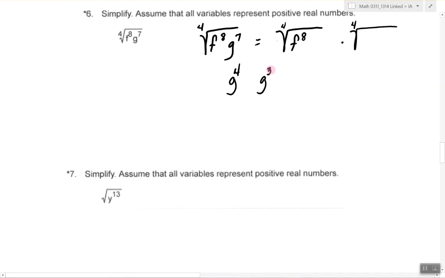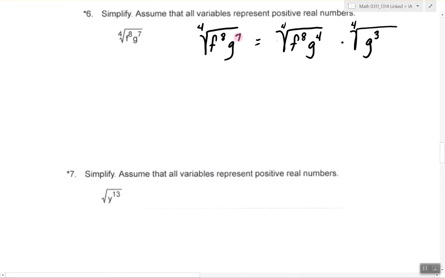So I looked at all the choices that add up to be 7, but my goal is to leave something divisible by the index in the front one. So I will keep 4 factors of g up here and send 3 factors of g back here. I know that it's a good factorization because 4 plus 3 equals 7.